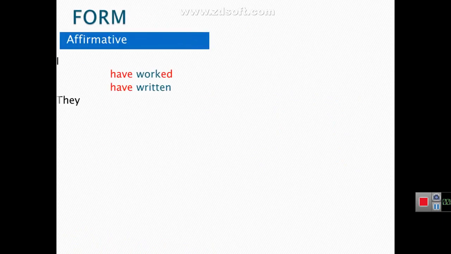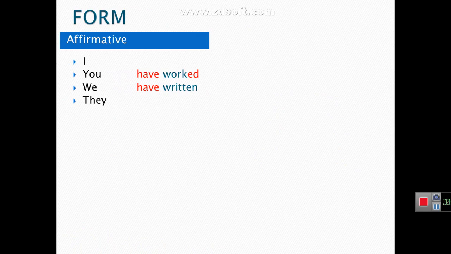Guys, let's go to the form. The first one, I'm going to talk about the affirmative. I have again the subject, but if the subject is I, you, we, they, I'm gonna use have. I, you, we, they, and don't forget names. For example, Ahmed and Ali, Danny and Abdul Razak.